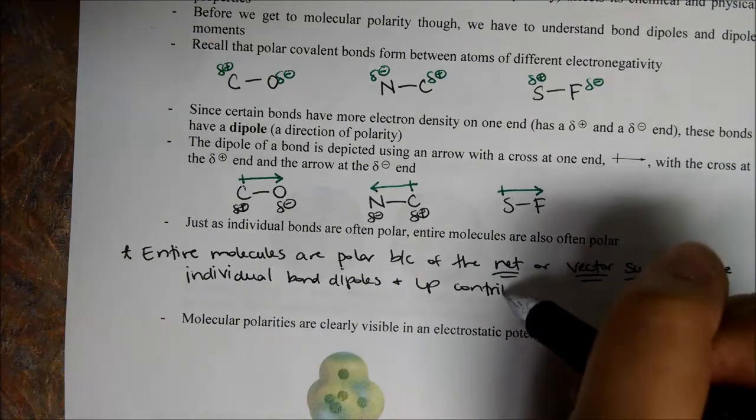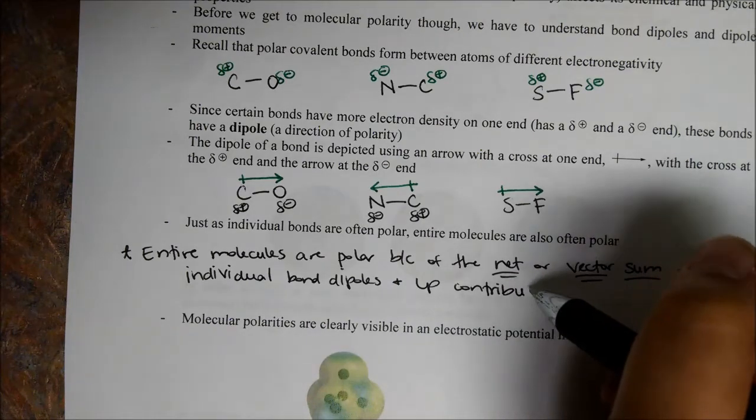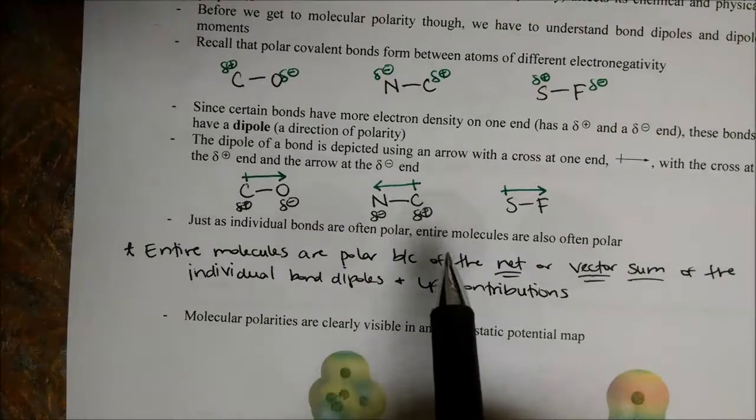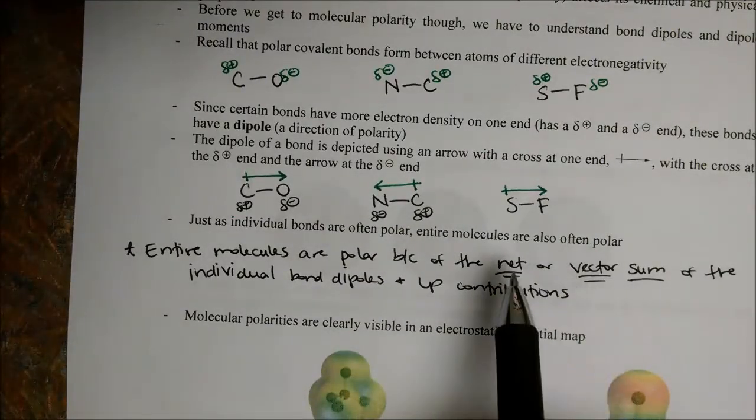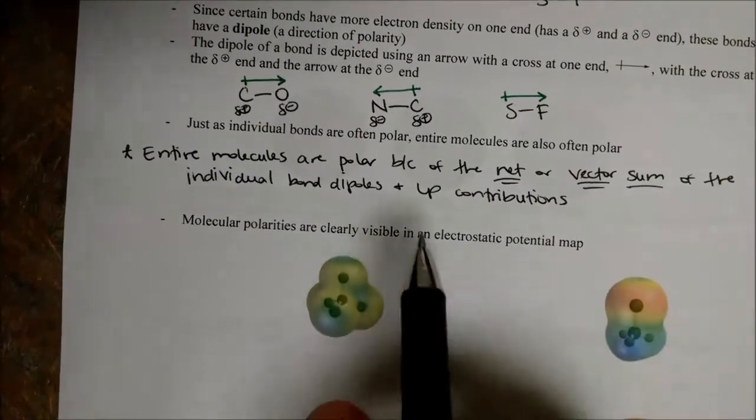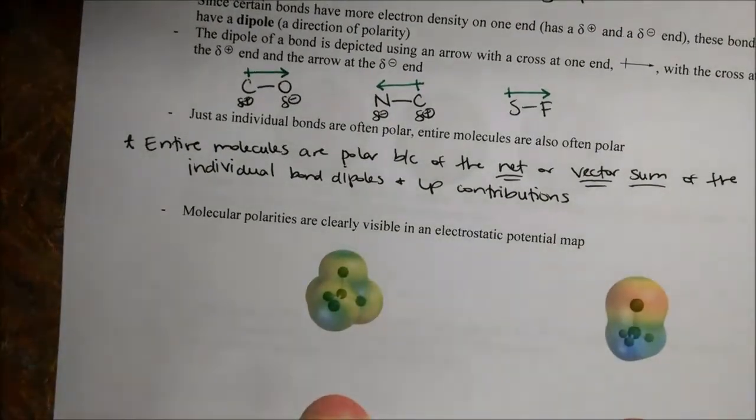Lone pairs contribute a lot to overall polarity. Okay, so we're going to look at the individual bond dipoles and see if there is a net dipole in the molecule. These are really clearly seen in an electrostatic potential map.